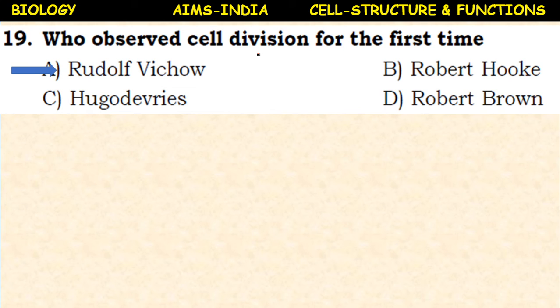Omnis cellula e cellula. The meaning of that sentence is new cells are formed from pre-existing cells. He modified the cell theory, named as the modern form of cell theory, in which this statement is also included. What is that statement? New cells are formed from pre-existing cells.